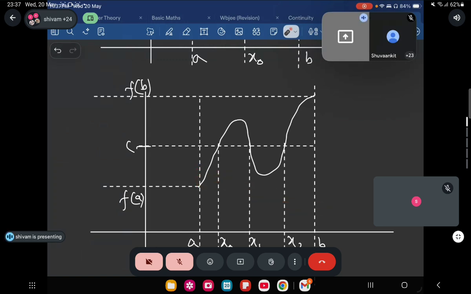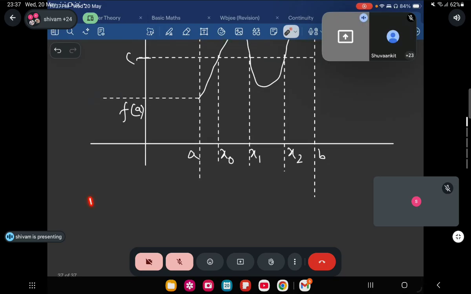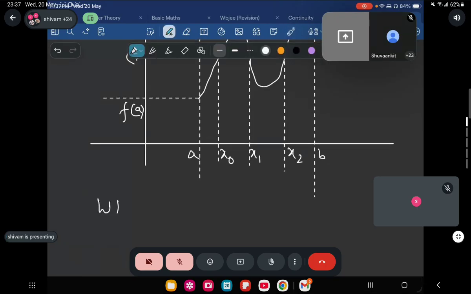So without loss of generality, suppose f of a is less than c is less than f of b. Now we need to prove that there exists some x naught belonging to (a, b) such that f of x naught is equal to c.